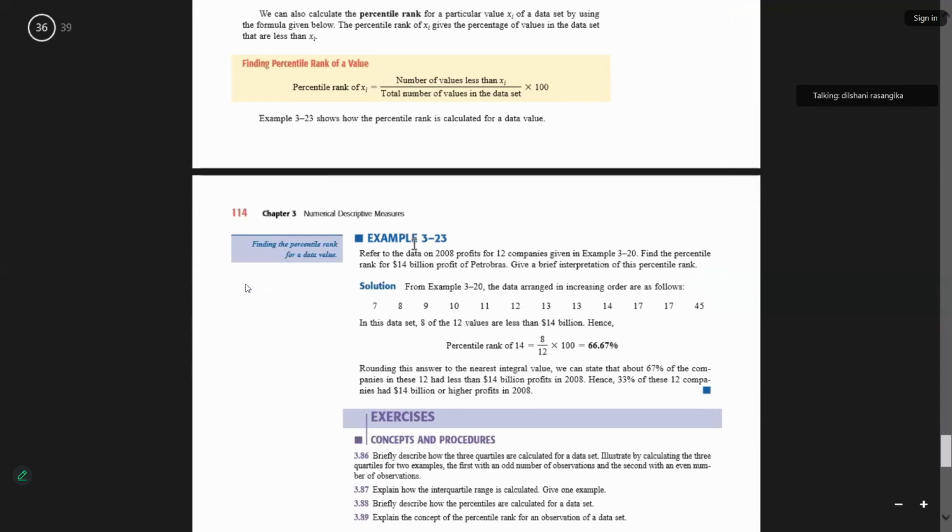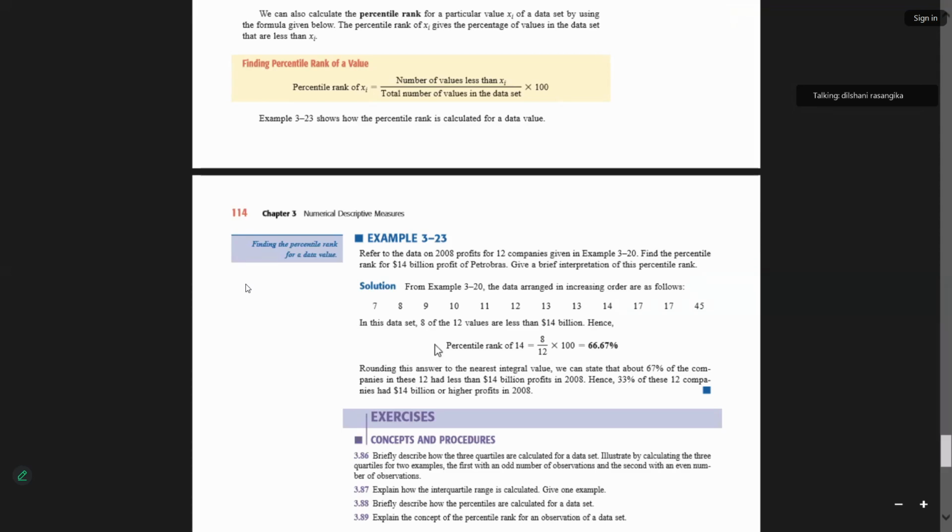Refer to the data in the previous one. Find the percentile rank of $14 billion profit of this company, and give a brief interpretation of this percentile rank.